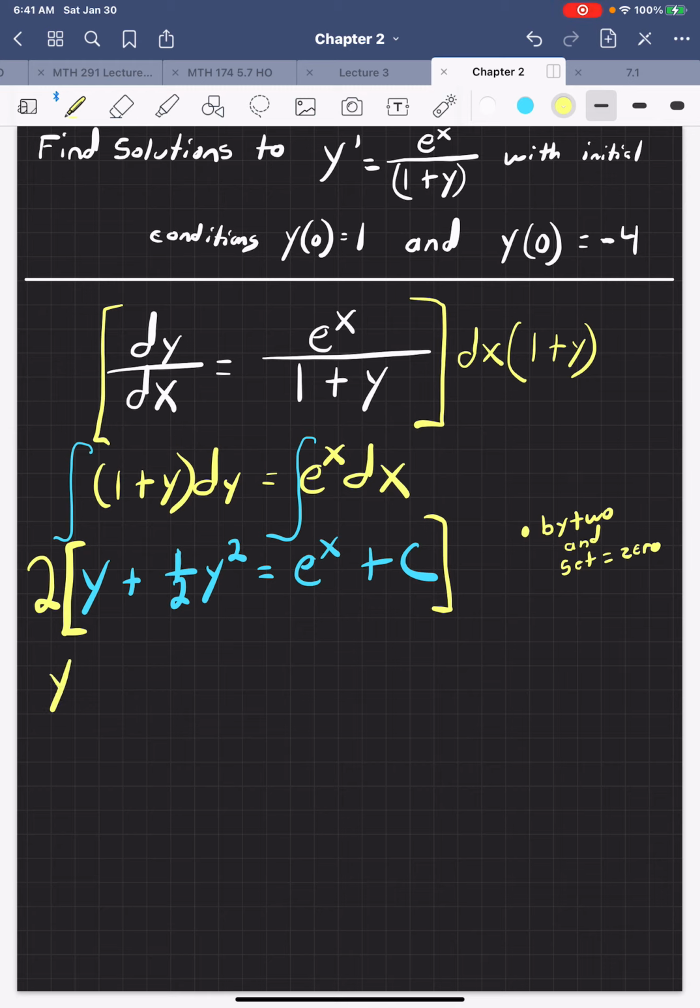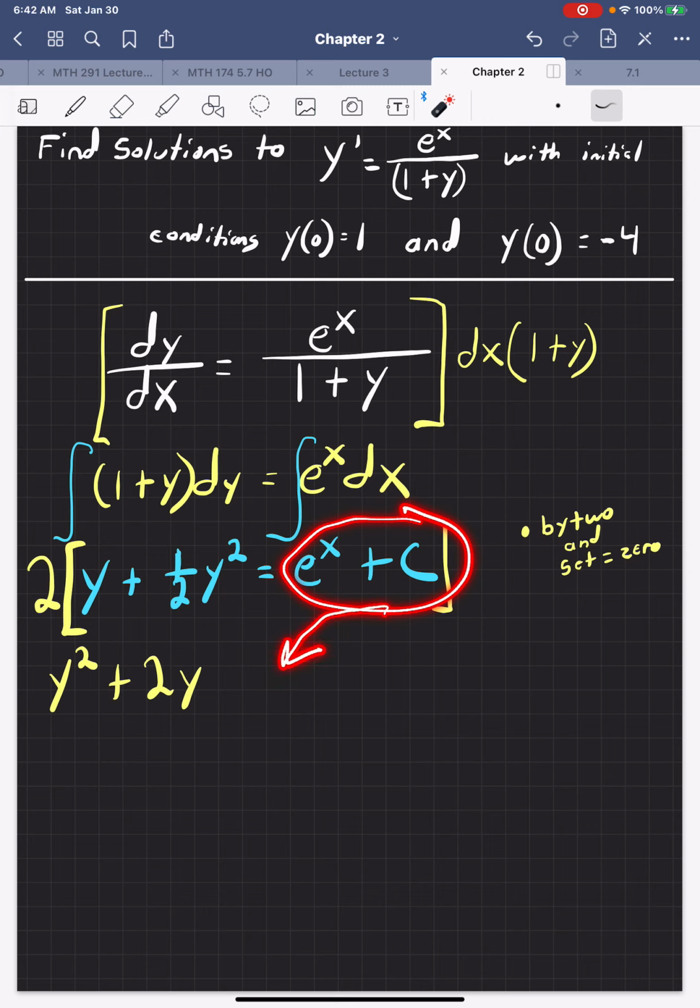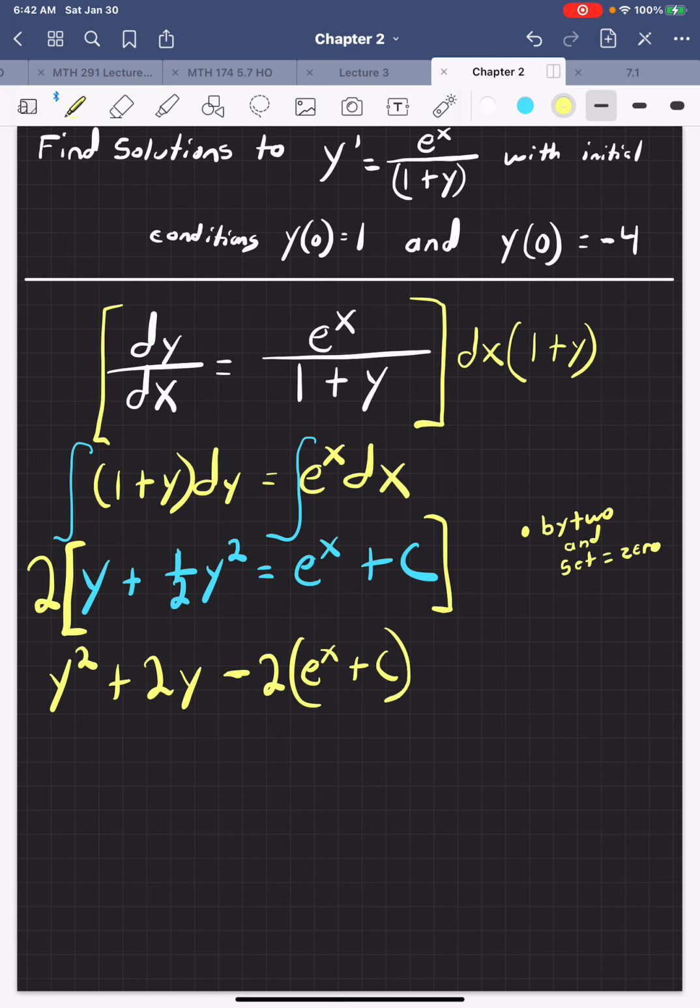That's just going to be y squared plus 2y. Now, when I take this entire term and bring it to the other side, it's going to have to change signs, and I still have to distribute that 2. So that's just going to be minus 2 e to the x plus c. So now I set it equal to 0.